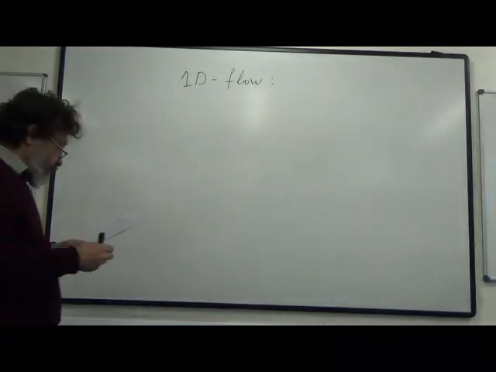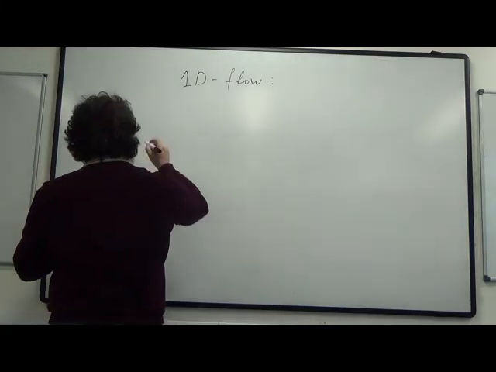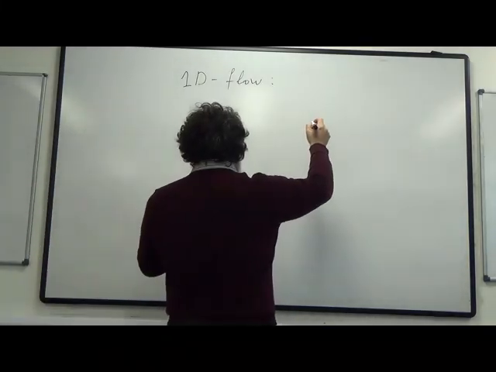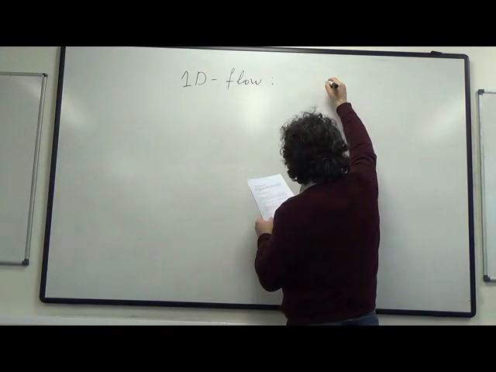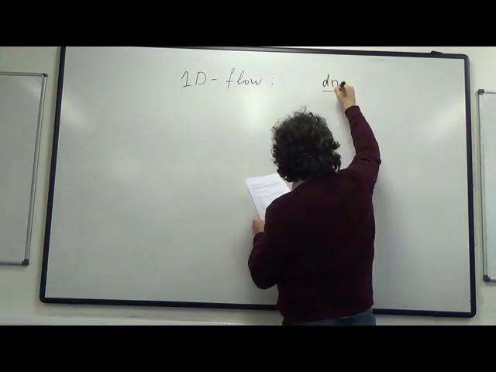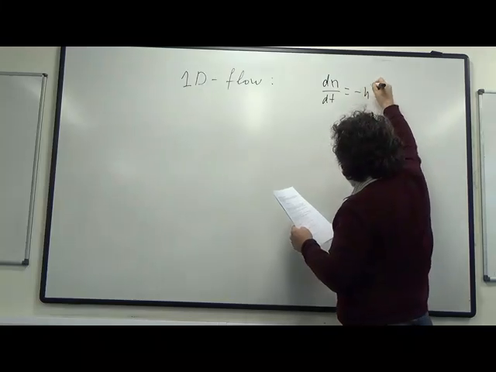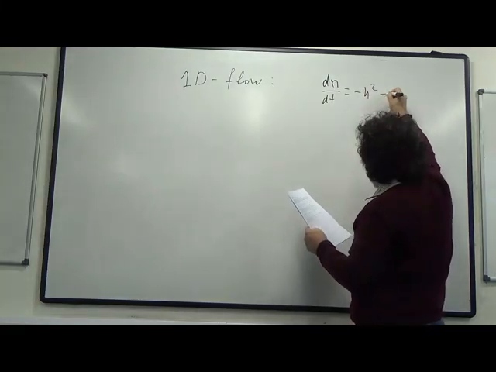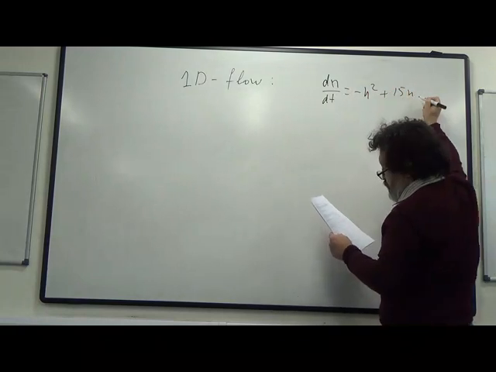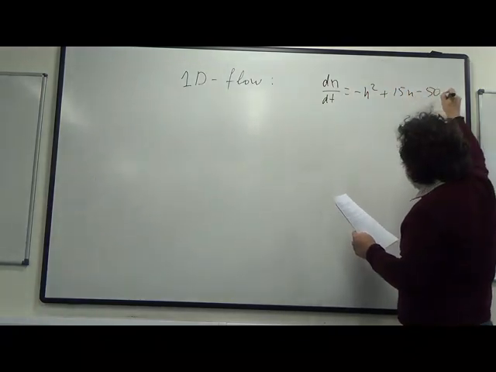Second part of problem number 1. So we have a law, so I will keep notations. dn over dt equals minus n squared plus 15n minus 15.